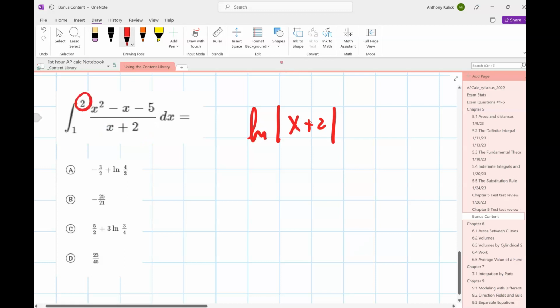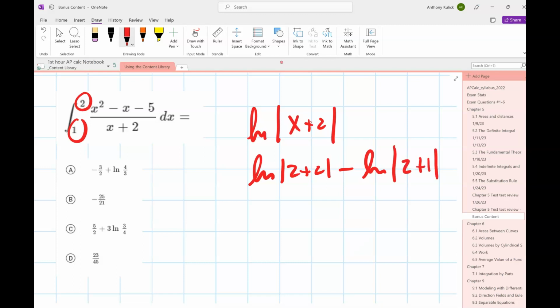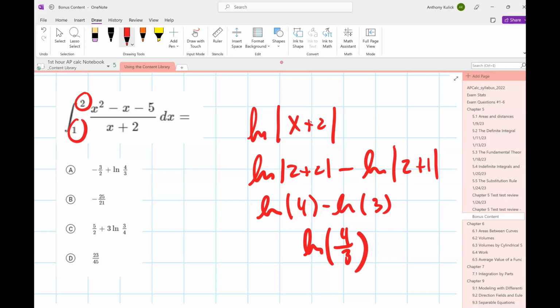If I evaluate that at 2, and then I'm going to have to subtract evaluating it at 1. So my answer has to have an ln of 4/3 in it. A is the only one.